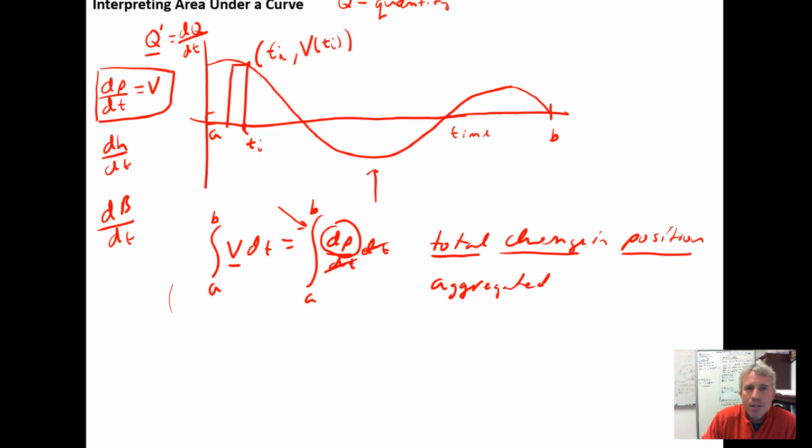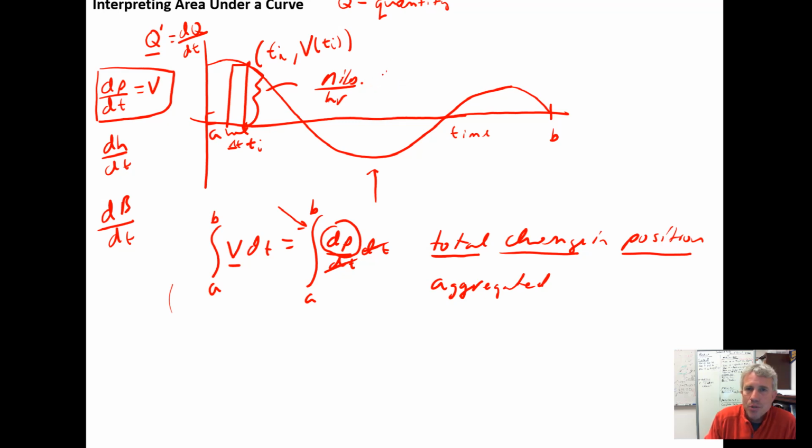And remember, to calculate this, we took the height, which in this case would actually be a velocity, times the width, but the width would be a change in time. So we took a velocity times a change in time, and velocity is just miles, say, per hour.